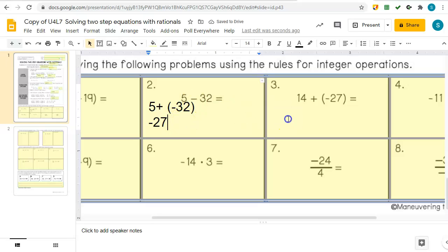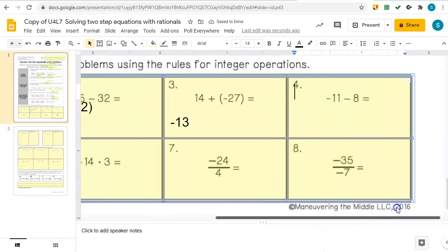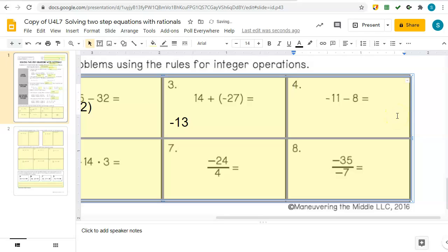This one, we've got 14 plus negative 27. They're opposite signs, so we just subtract and we get negative 13. This one, it's negative 11 plus negative 8, and that equals negative 19.